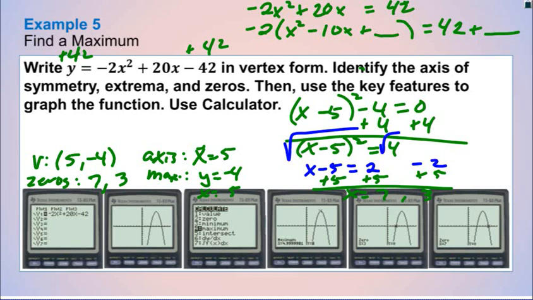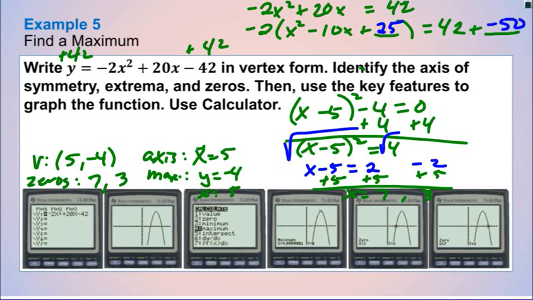So now I complete the square, so -10 divided by 2 is -5. -5 squared is 25. But if I put a 25 in here, because I factored out a -2, I have to multiply -2 times 25 in order to do the same thing on both sides. Because I'm not just adding a 25 on the left side, I'm actually adding a -50.